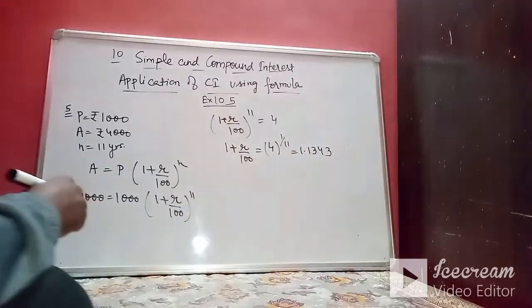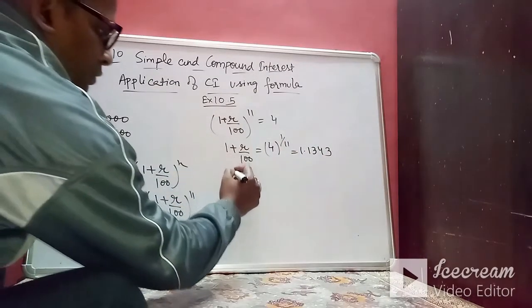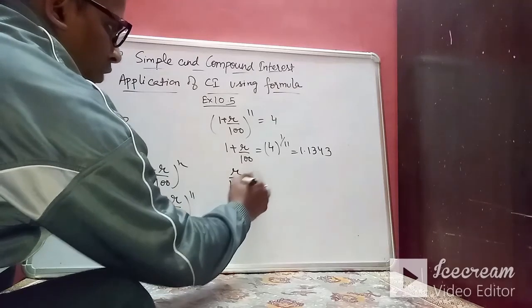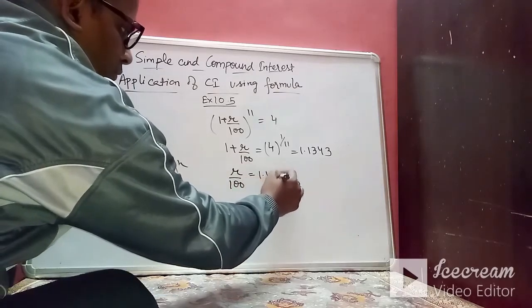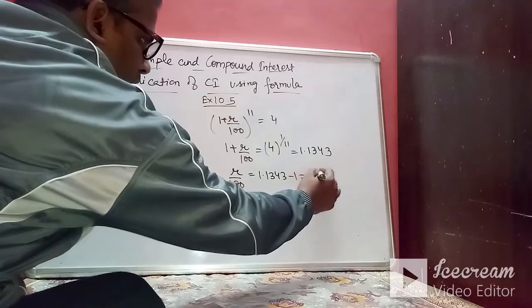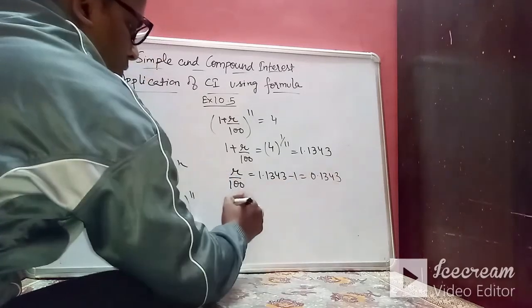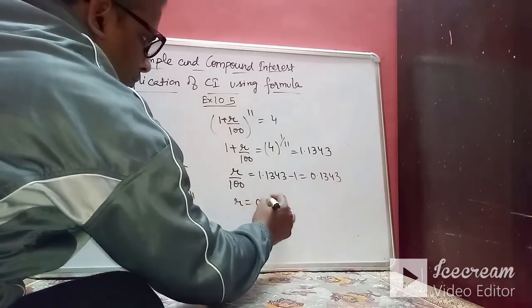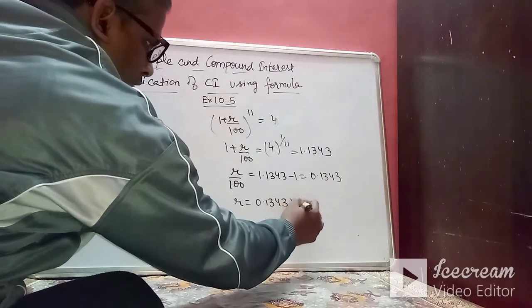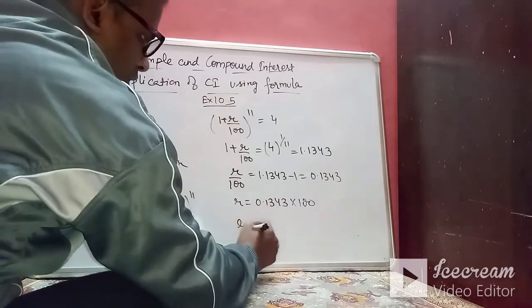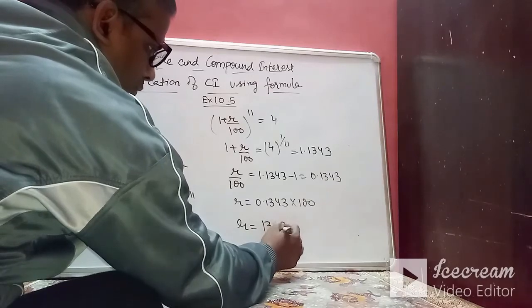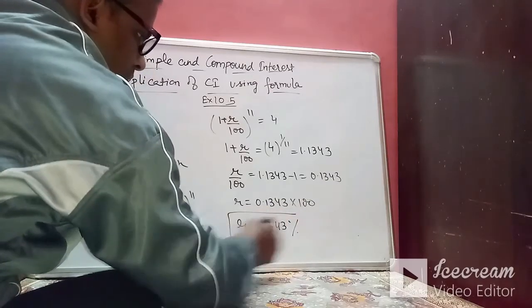Its value is given in the question itself. So R upon 100 will be how much? 1.1343 minus 1, that is 0.1343. So R will be this into 100. So the rate will be 13.43%.